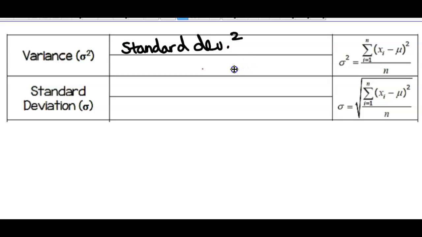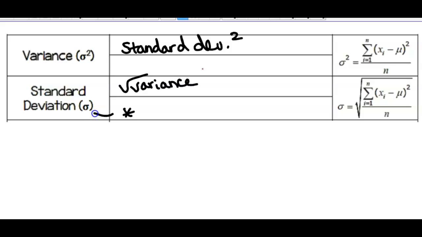Or the definition in terms of concept. Let's see, what did I write on here? Sorry. Variance is the average distance to the value of the mean. Yeah, I'm not going to worry about it. Okay, just put standard deviation squared. So the square root of the variance is then the standard deviation, but we're just going to do them on our calculator, okay?